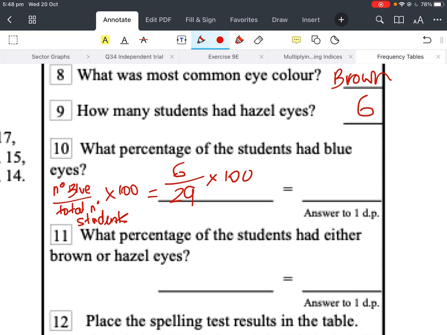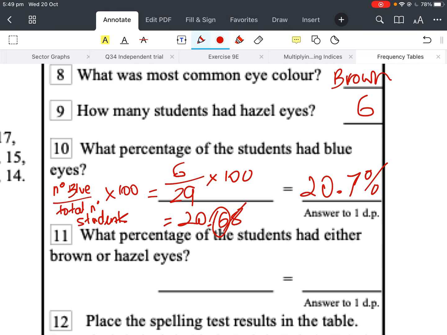Answer to 1DP. So what did we say it was? 20.68, didn't we, roughly? So if I round that to 1 decimal place, that means the 6. Get rid of the 8. That means I have to round the 6 up because the 8 is greater than 5, or 4 or more, isn't it? So it's 20.7%.